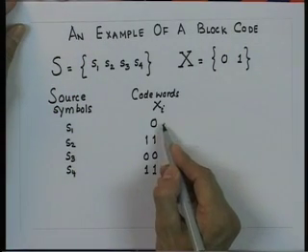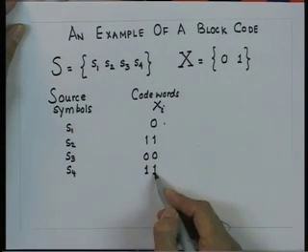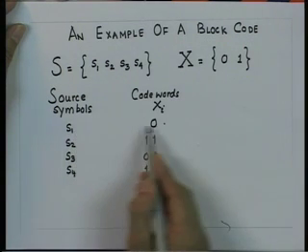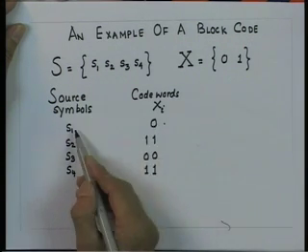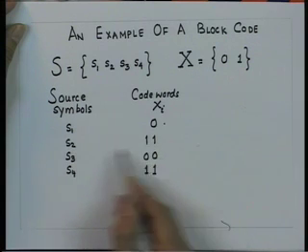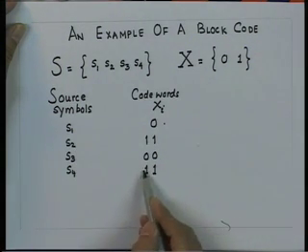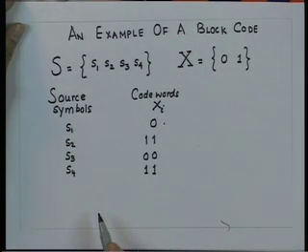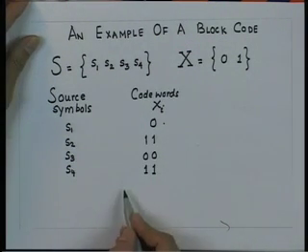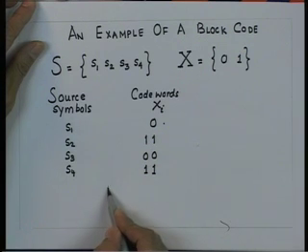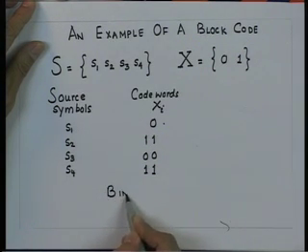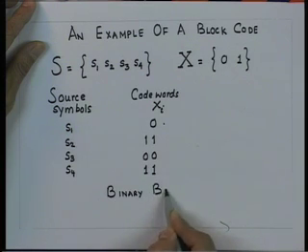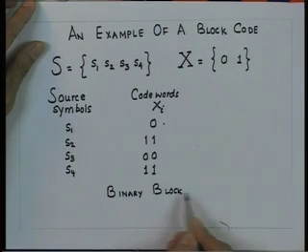So, these are the code words corresponding to the source symbols. This is the code word for the source symbol S1, this is the code word for S2 and similarly this is the code word for the source symbol S4. This would be an example of a binary block code.